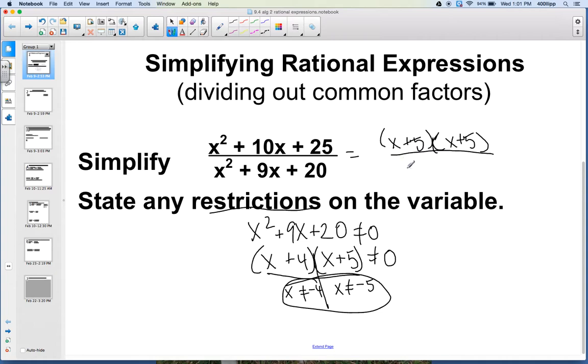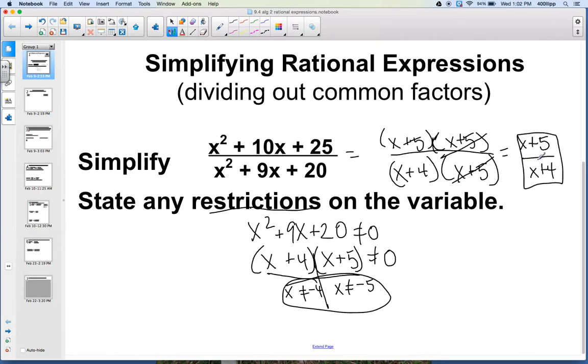The denominator we already factored to be x plus 4 times x plus 5. Then we can cancel out x plus 5 over x plus 5, and we're simply left with x plus 5 over x plus 4. And that is our simplified answer.